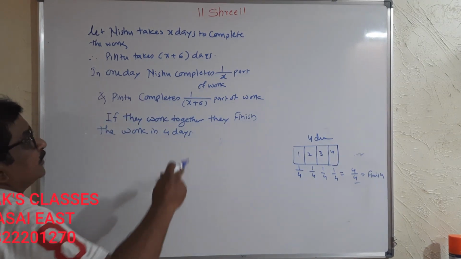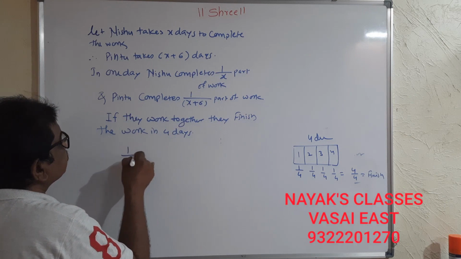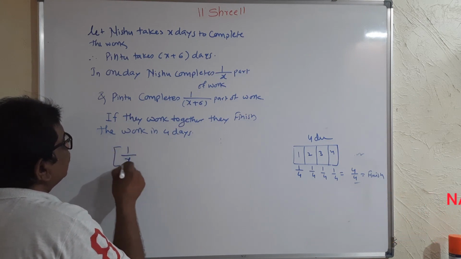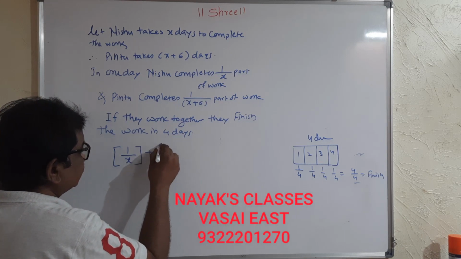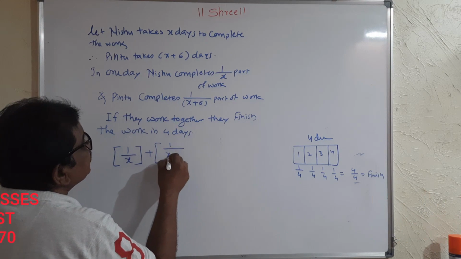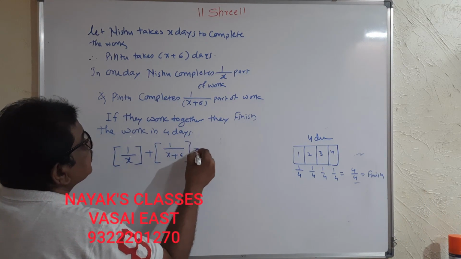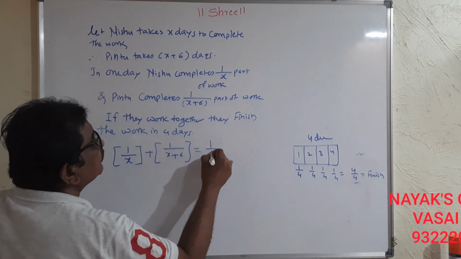So this is the work done by Nishu. The work done by Nishu in one day is 1 upon x part plus the work done by Pintu, 1 upon x plus 6. And it shows in one day they will finish 1 by 4 part.